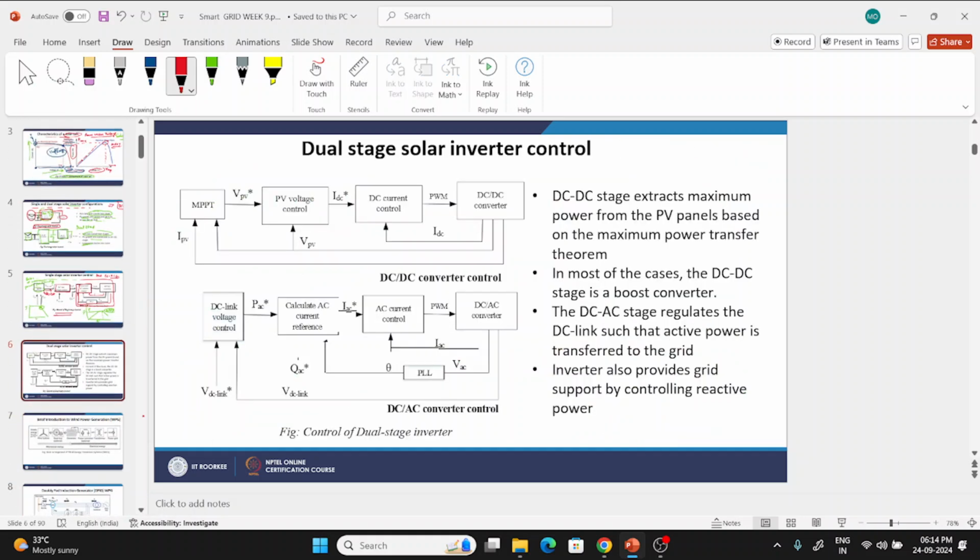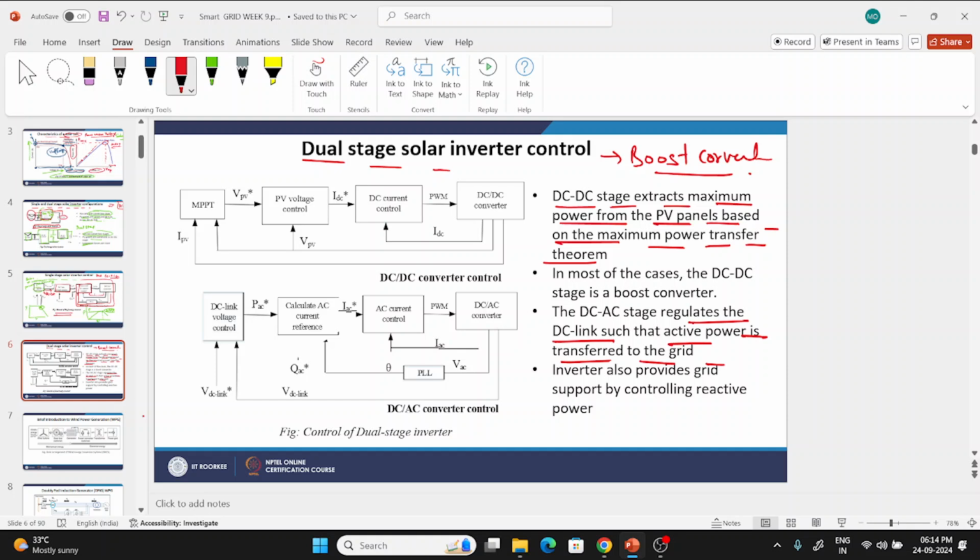But in the dual stage, the DC to DC stage extracts maximum power from the PV panel based on the maximum power transfer theorem. In most cases, these DC-DC converters are boost converters. The DC to AC stage regulates the DC link such that the active power is transferred to the grid.